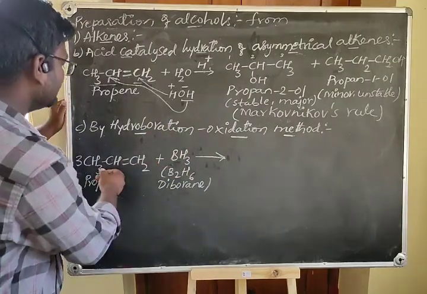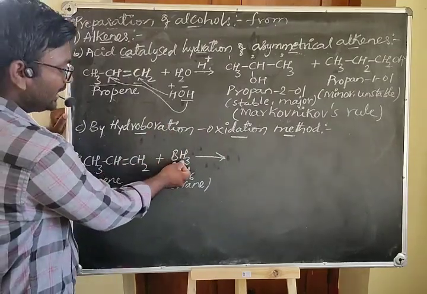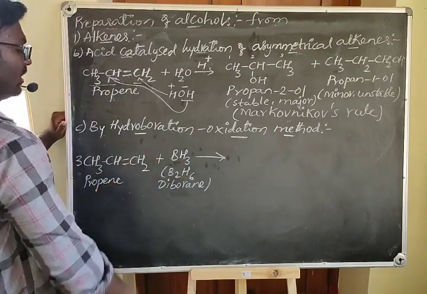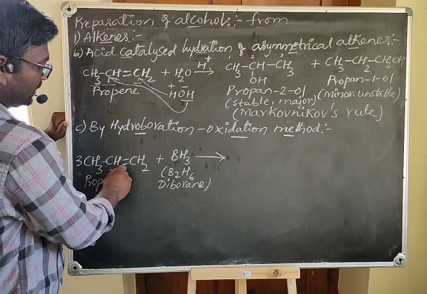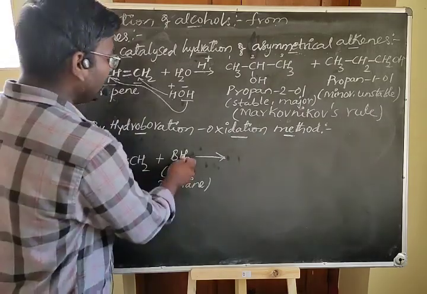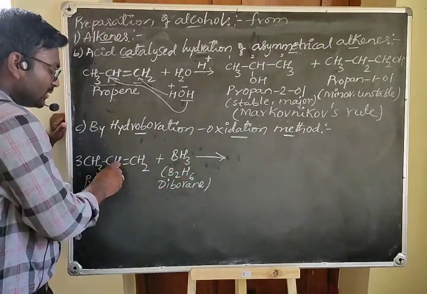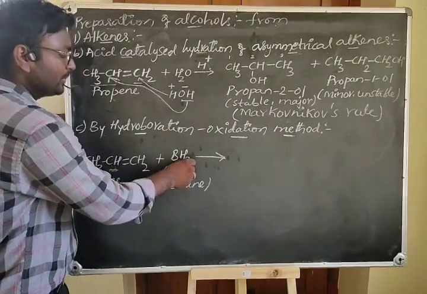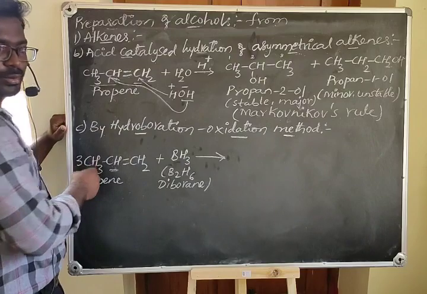Let's see that there are 3 hydrogens in the BH3 unit. Those will attack on this carbon. One hydrogen attacks one propene at this carbon. Therefore, you have 3 hydrogens and 3 propene molecules.